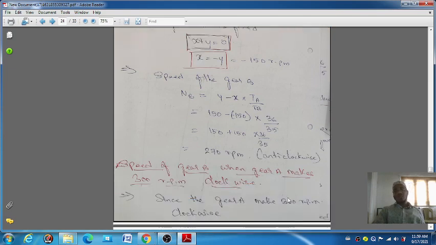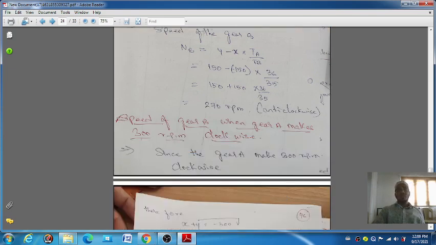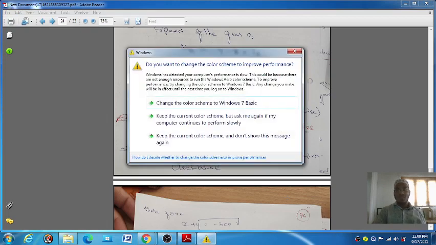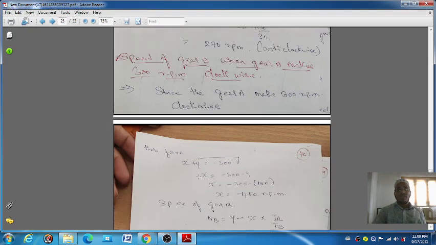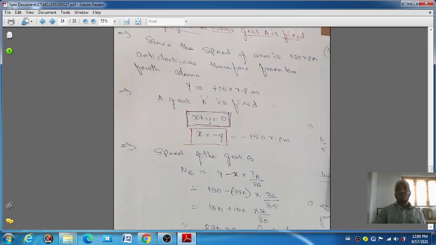And the question is also asking to you to find the speed of the gear B when the 300 rpm is made. So about this condition, you have to take x plus y is equal to minus 300. Due to the clockwise we are taking the minus 300. Due to the gear is fixed, that's why we are taking either here equal to 0.